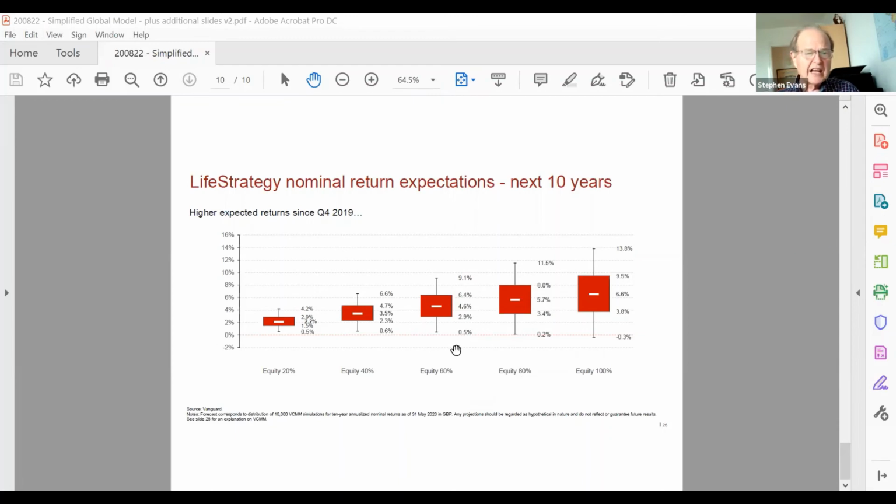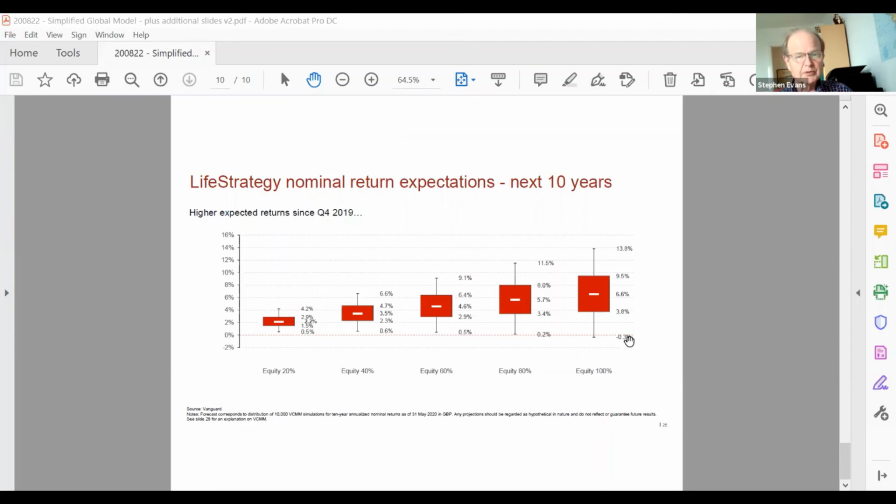And they're expecting that the 60/40 portfolio would achieve something like 4.6% per annum. So lower than in the past 10 years, but still positive, still above inflation, which they're expecting to be around 1 to 1.5% per annum.